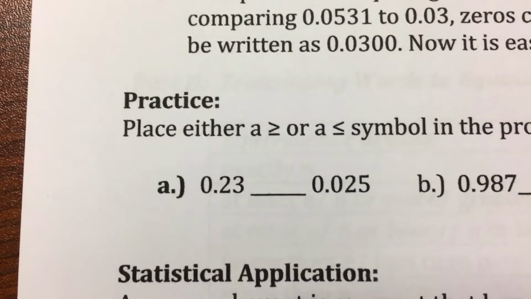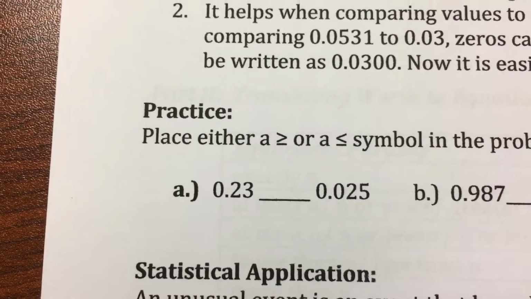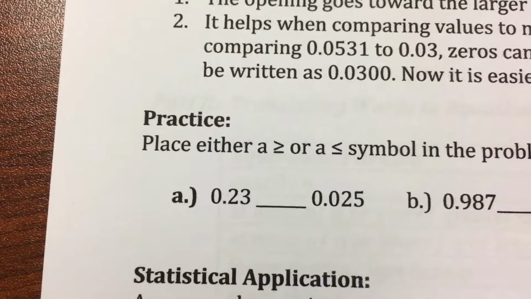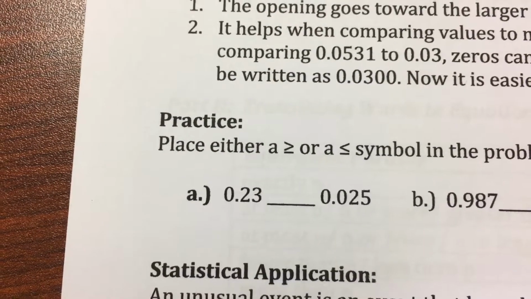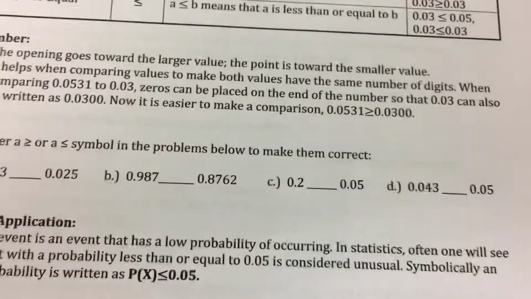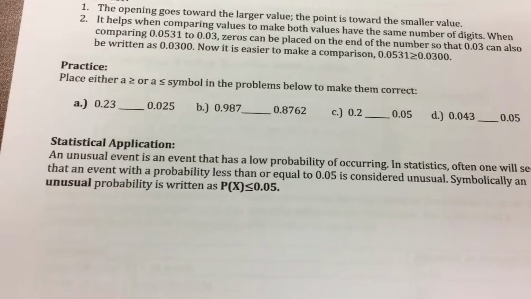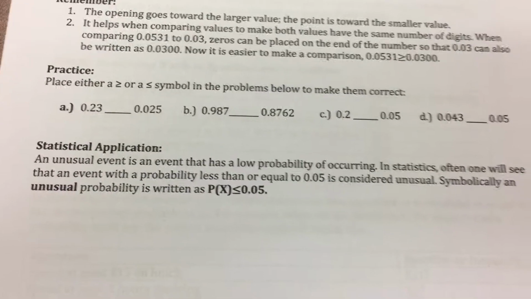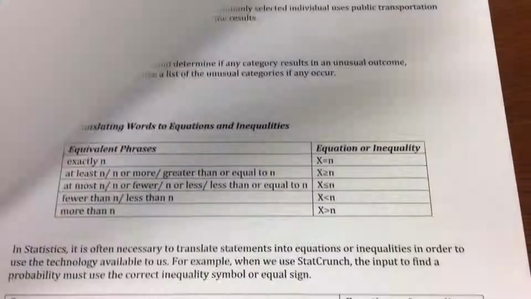So for instance, on A in your practice, you should have 0.230 and 0.025, and then you place the inequality symbol to make it true. So you've got a couple of those problems that you're working with, and then also we discussed the concept of unusual that you're using in statistics, so be sure to read that.